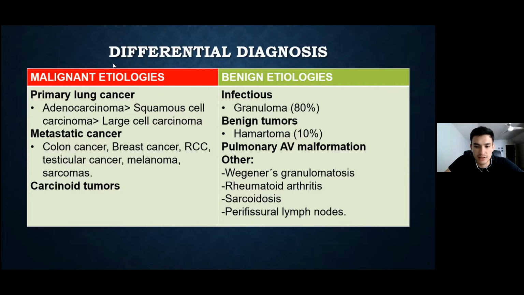There is also the pulmonary AV malformation, like hereditary hemorrhagic telangiectasia. Other etiologies include Wegener granulomatosis, rheumatoid arthritis, sarcoidosis, or peripheral lymph nodes.